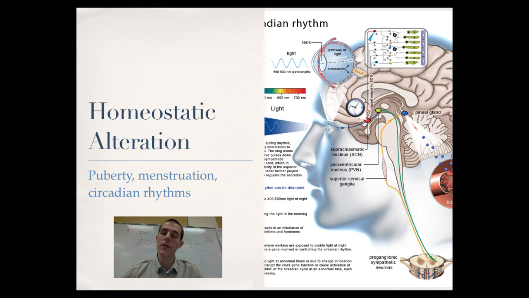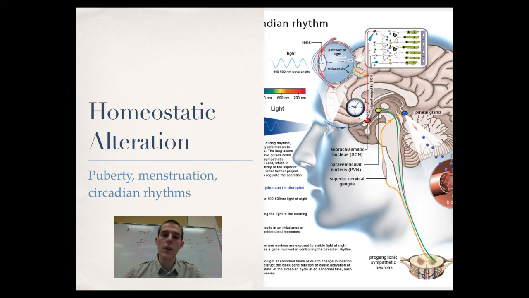Another example would be menstruation in women. That 28-day monthly cycle includes hormones rising, hormones falling, and a bunch of things going on that is normal for the female body, but homeostasis from one day to the next might be different based on where in the cycle she is. And then a last example would be a circadian rhythm. We talked about those.